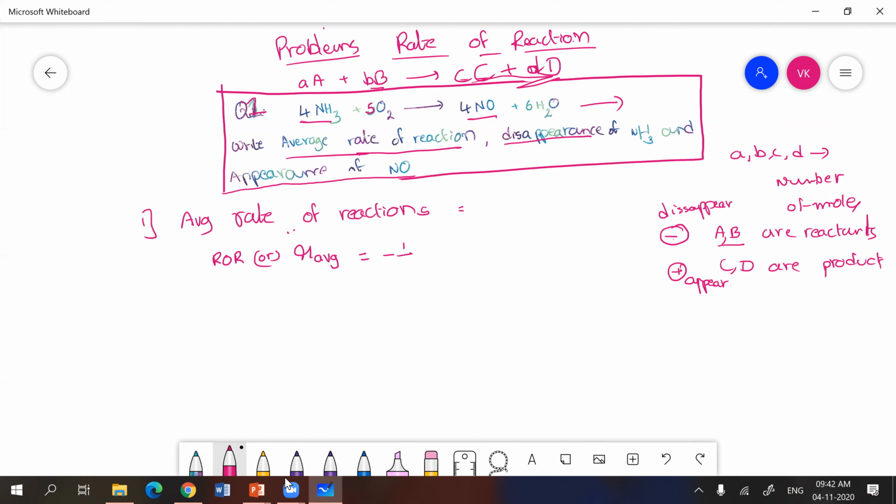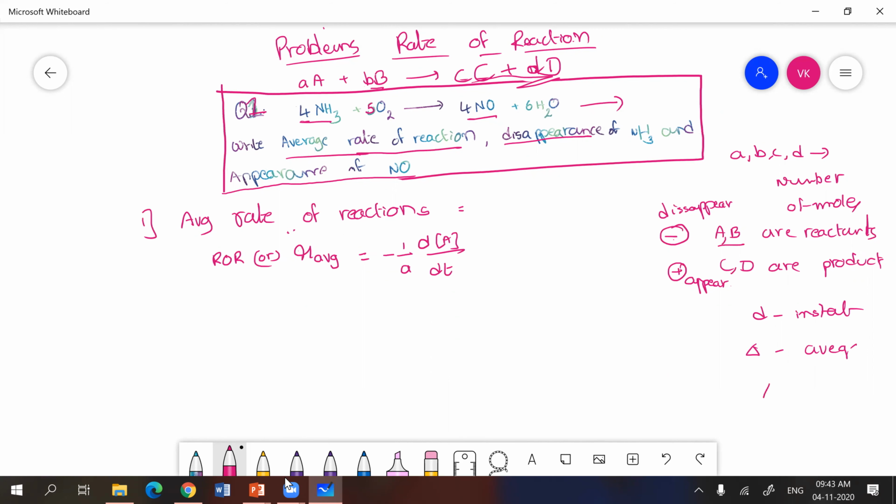Minus 1 over a, the molar coefficient, times the change in the concentration of A with time. We use d for instantaneous rates and delta for average rates.